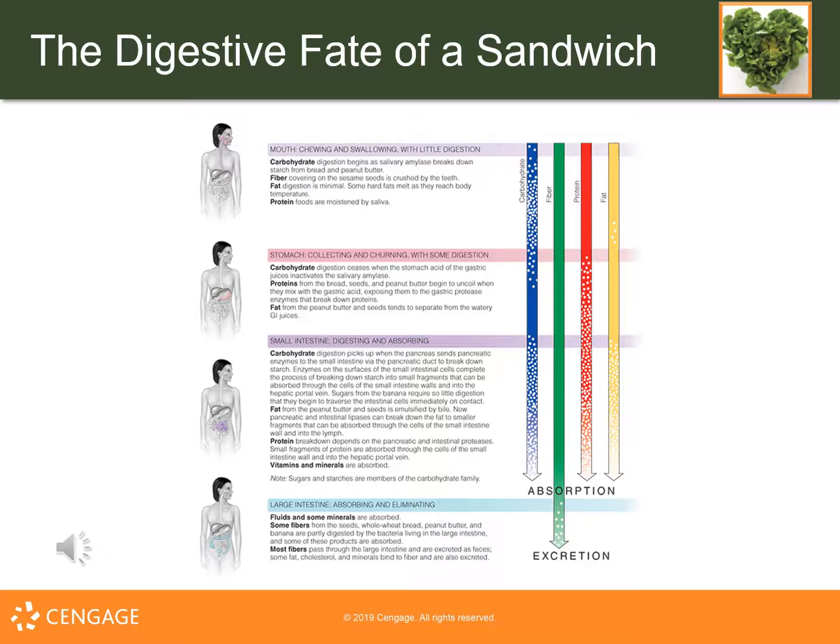What we're going to take a look at next is why does so much absorption take place in the small intestine? What is present? What does the anatomy have to do with it?